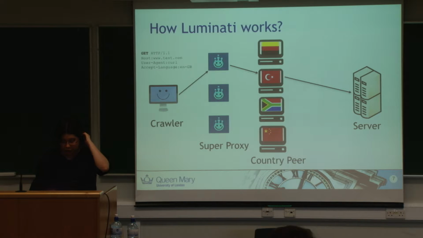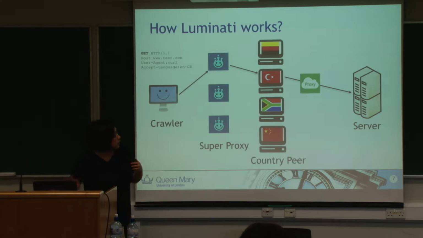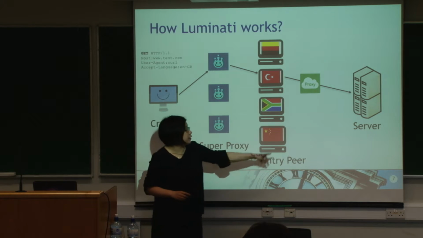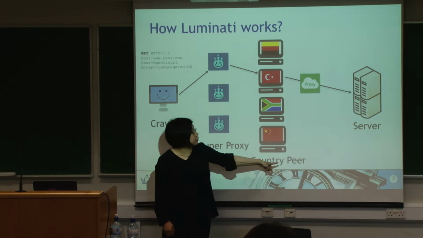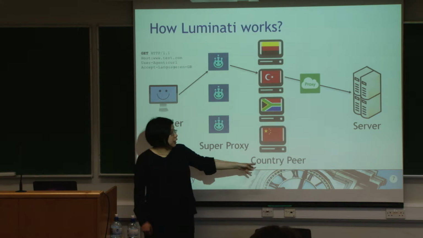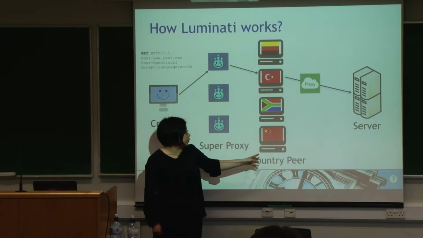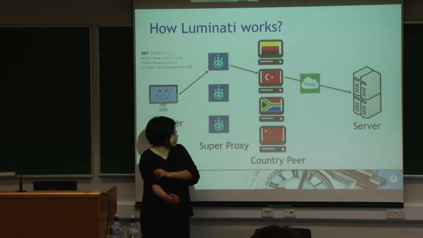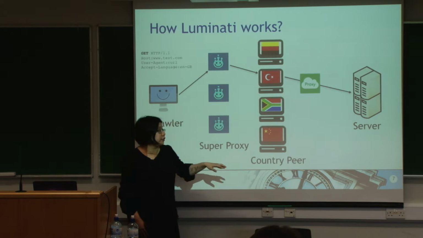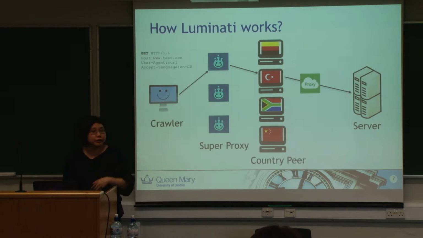Our target is to measure the middleboxes between the country peer and the server. So we treat the country peer as our client and the server, and we want to also have our client and server architecture based on the Illuminati platform.